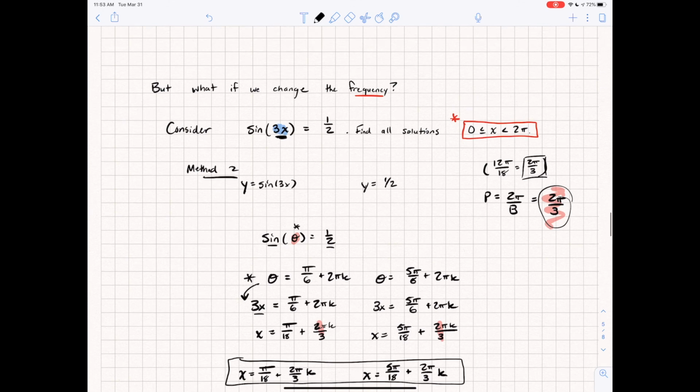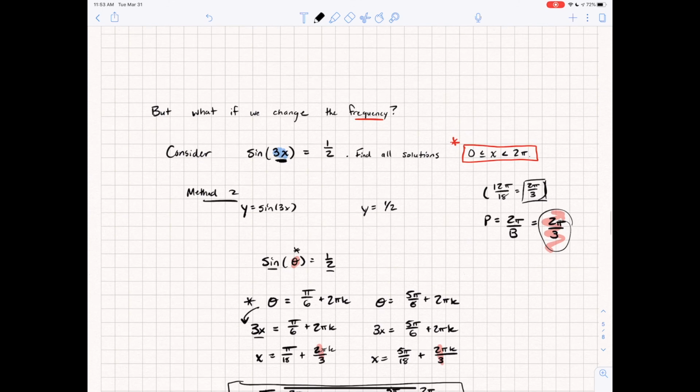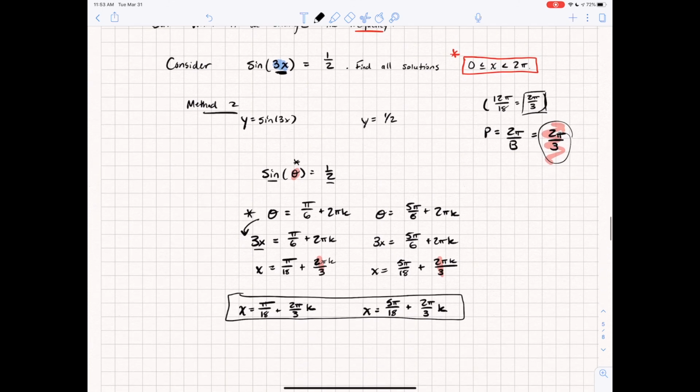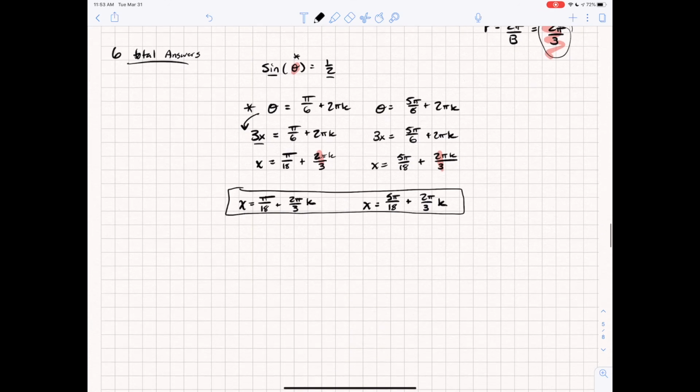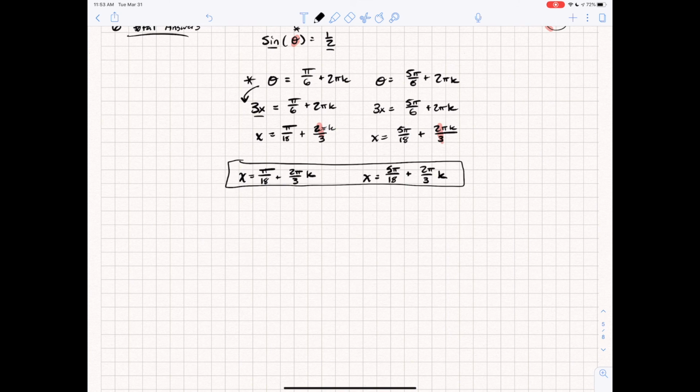Now I need to find all possible answers from 0 to 2 pi. And if you remember, there were 6 total answers. So I need to find these 6 total answers by hand and show you how that works. Now we have our general equation here. I'm going to essentially just make a table. Well, when k is equal to 0, this gives me my initial pi over 18 and 5 pi over 18.